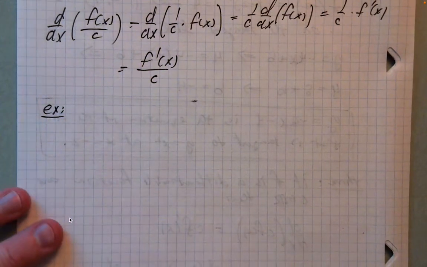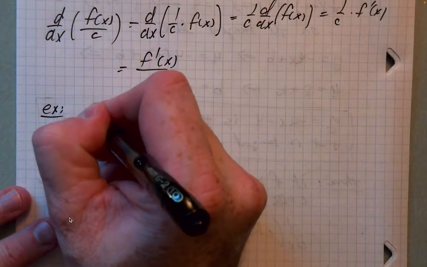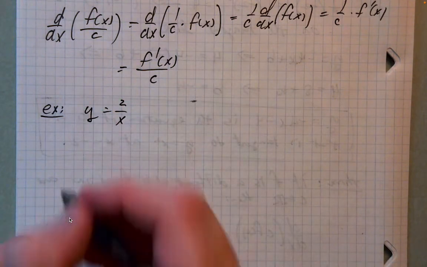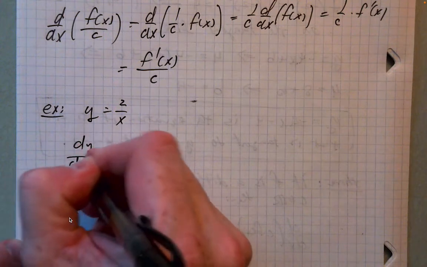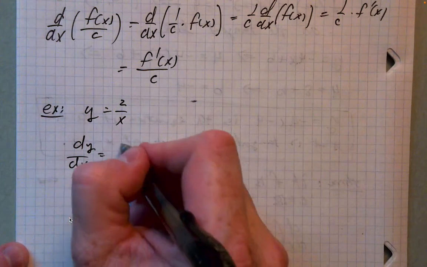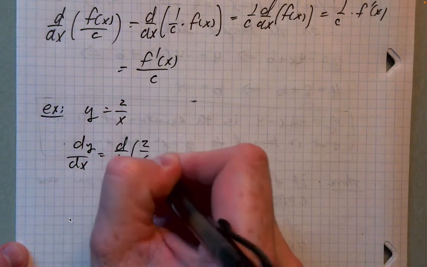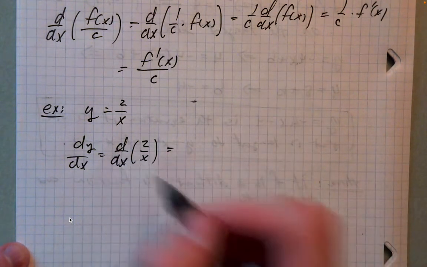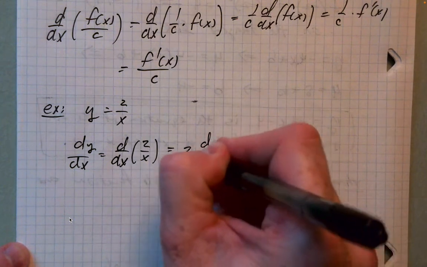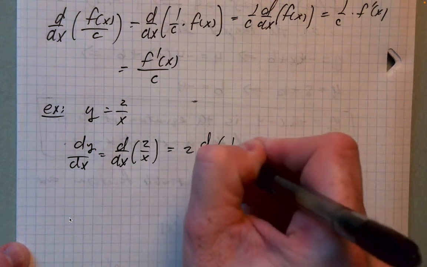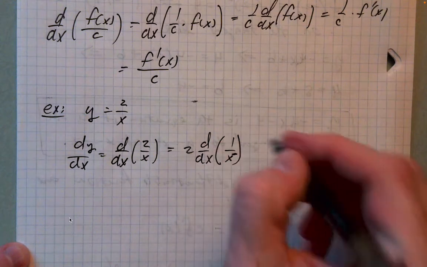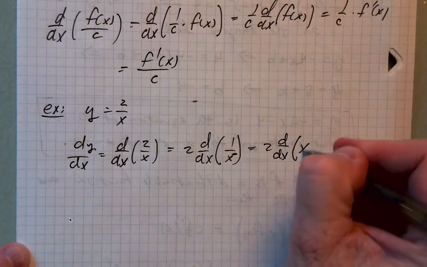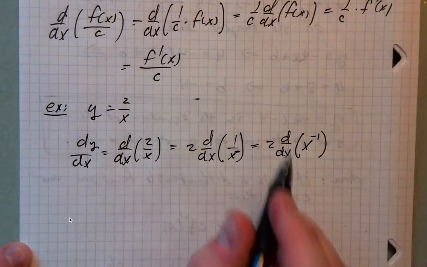What if I start with y equals 2 over x, and I want to differentiate that? Well, we would say that dy over dx is equal to d dx of 2 over x, the derivative of 2 over x. And I can pull that 2 outside, like so. And technically I would have this. And I think I let slip just what I'm about to do, but you can bring that x to the negative 1 into the numerator.